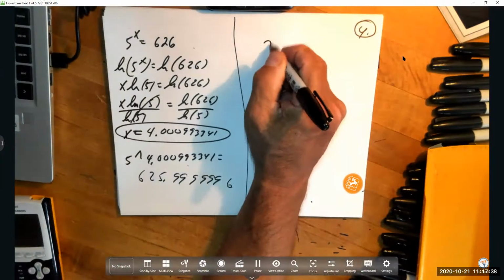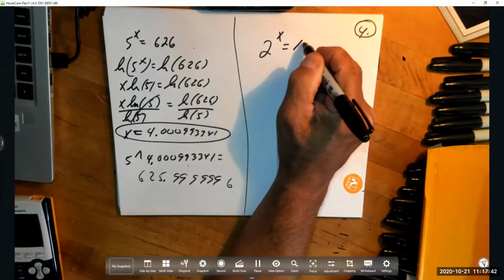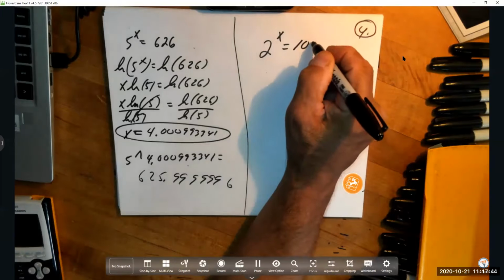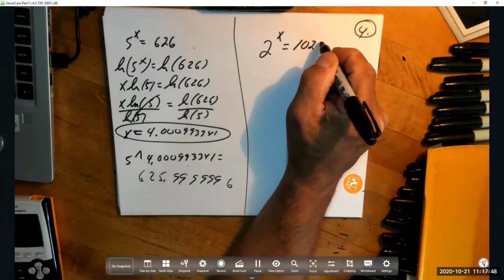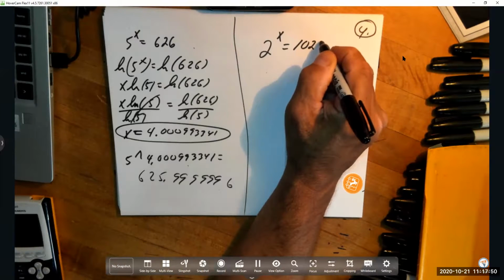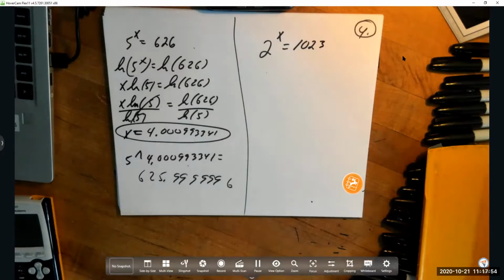How about this one? 2 to the x equals 1023. Sounds good. So we're gonna take ln of both sides, right?